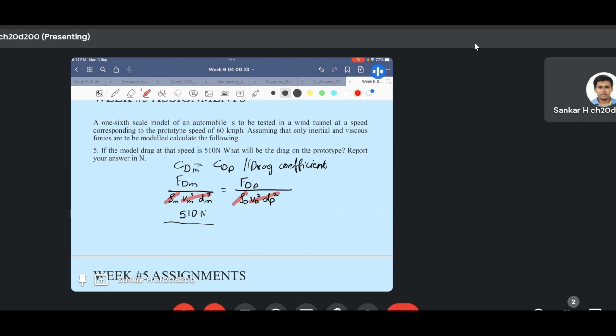So these all cancel out, and we end up with the final answer for the drag force on the prototype to be equal to 510 Newton. Therefore, the correct answer is 510 Newton.